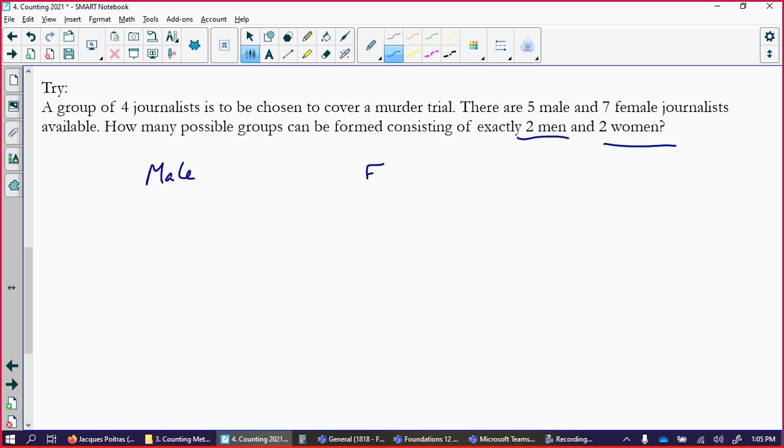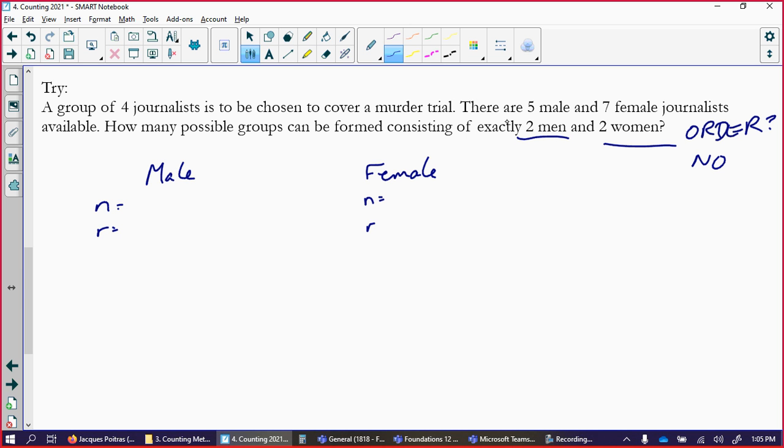Male, female. So does order matter? I would say no, because whether you're on the left chair or the right chair, you are still there. So we have n and r.